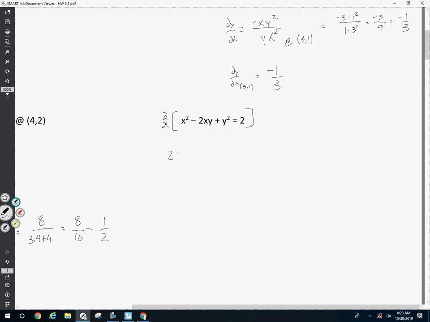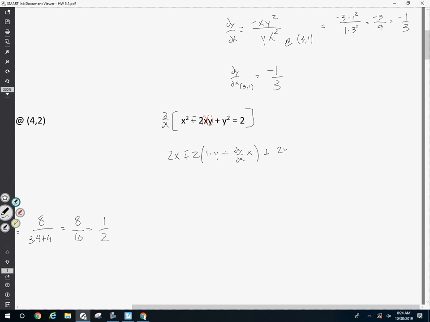We got the derivative of x squared, 2x. Now, I'd like to leave out the minus 2 and use the product rule on the x and y. So, the derivative of x times y plus the derivative of y times x. Make sure we distribute the negative 2. You could bake it in, so it's negative 2x times y.